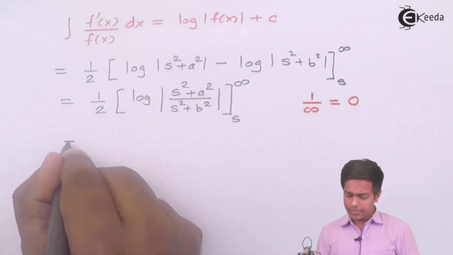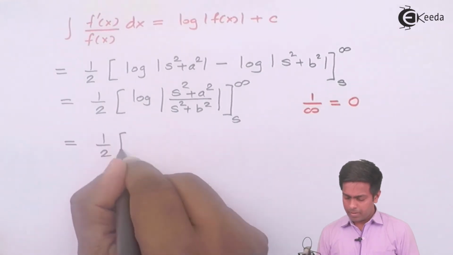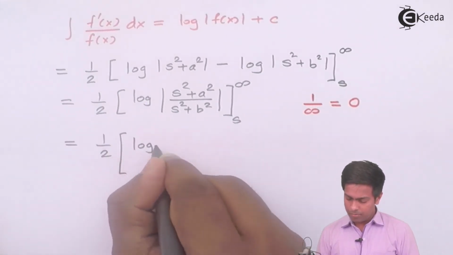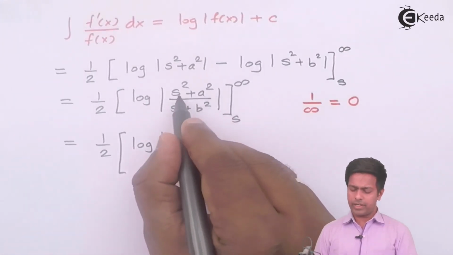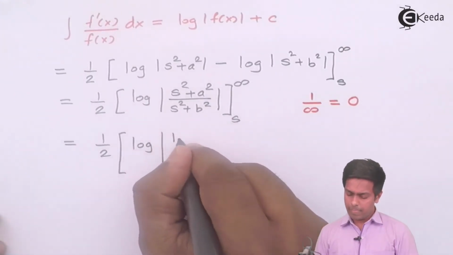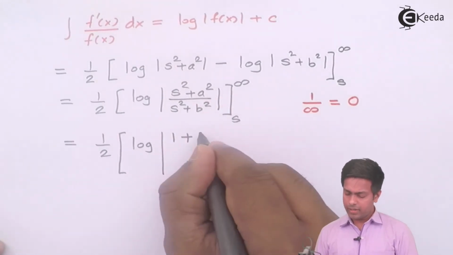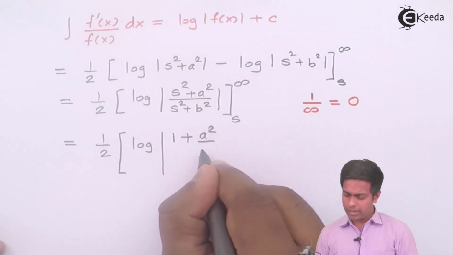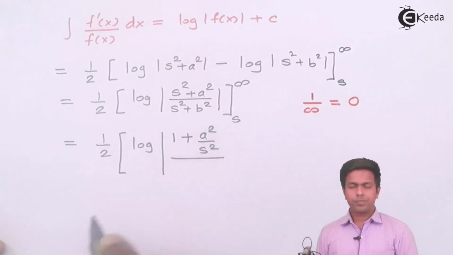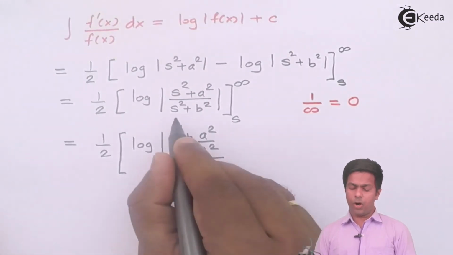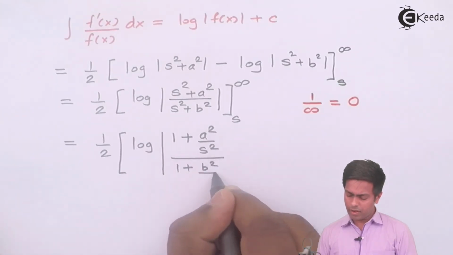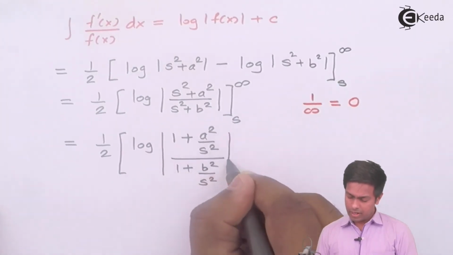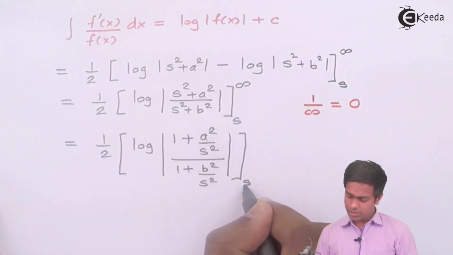So here we will get half into log mod. Now if I divide the numerator by s square, we will get s square upon s square is 1, plus here we will get a square upon s square. Similarly, if I divide the denominator by s square, we will get 1 plus b square upon s square, and the limit is from s to infinity.